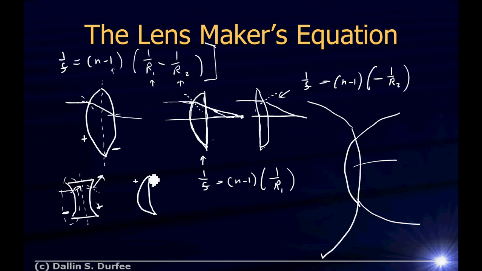But this lens, you can just think, it's just the intersection of this sphere with this sphere. This one has a radius of curvature from here to here, and this one has a radius of curvature from there to there. And then you just remember what the convention is, think about the physics, plug it into the equation, and also note, this is 1 over the focal length, so when you're done, don't forget to flip it over. And that's how you calculate the focal length of a lens with two spherical surfaces.